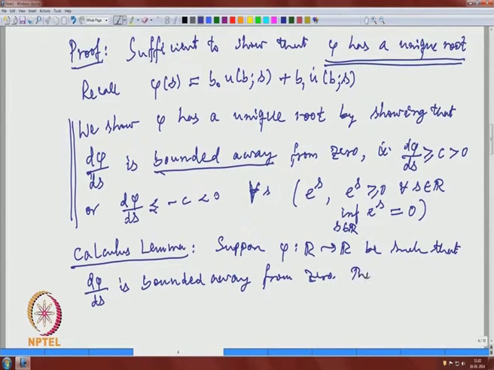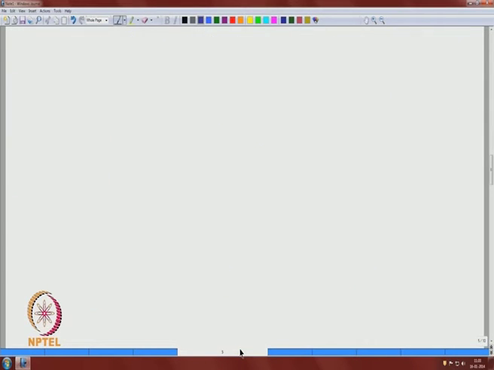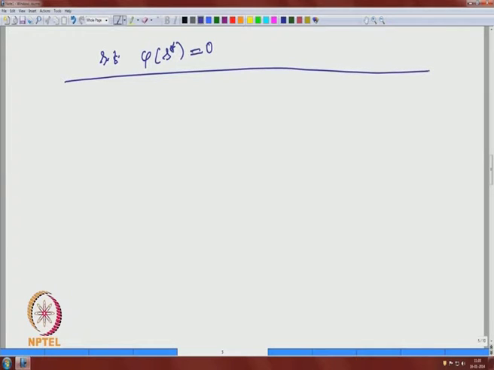Then there exists a unique s star such that phi of s star is 0. Okay. So, it is a very simple thing. It is not hard to see that.